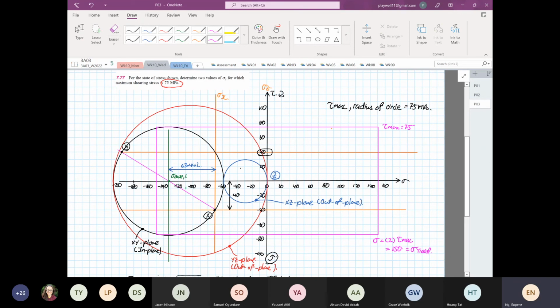It's twice because this is in fact the radius of the circle, yes or no? Right? So we know stress Z is always anchored there. So stress Z is our anchor. Stress Z cannot go anywhere. It's pinned down there.